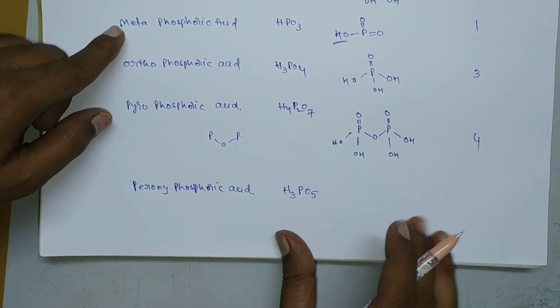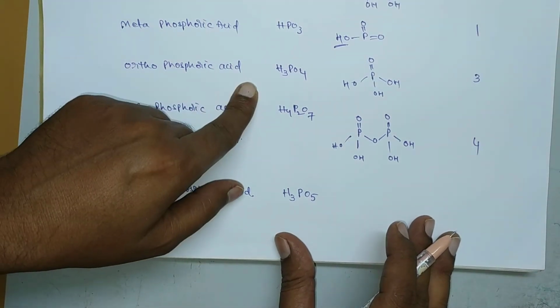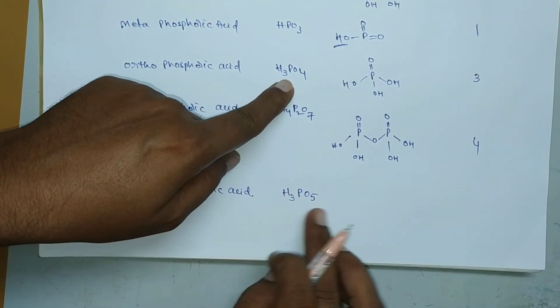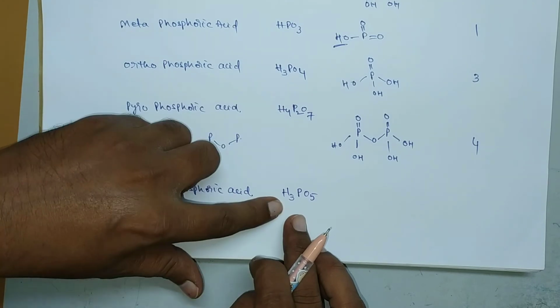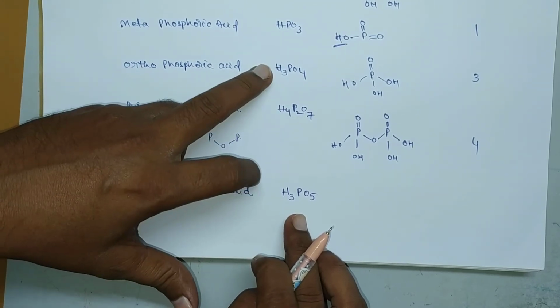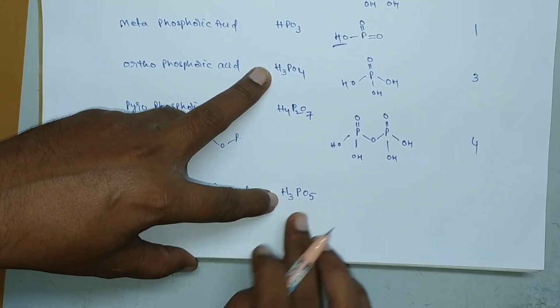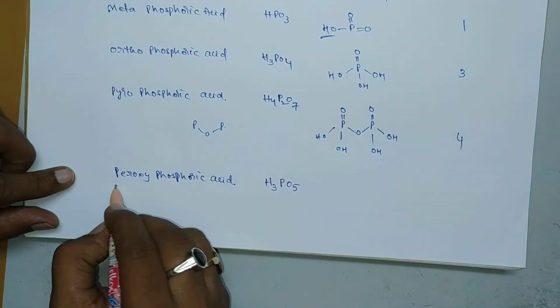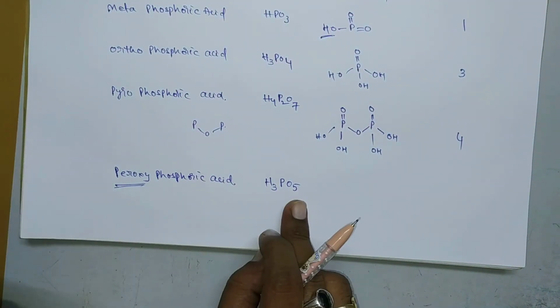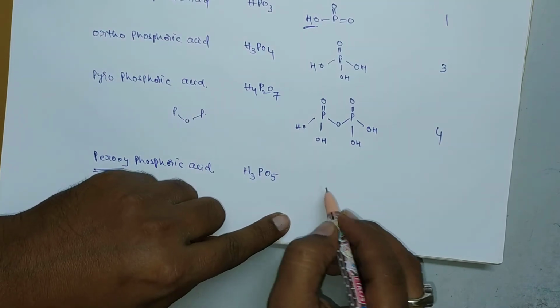Orthophosphoric acid means H3PO4, and we have to increase one oxygen. So the oxygen content is increasing, H3PO4 and H3PO5. Here it exhibits a peroxy bond, so we have to write the structure like this.